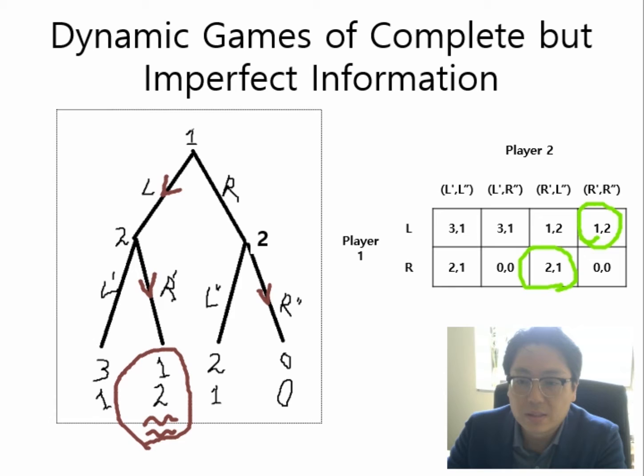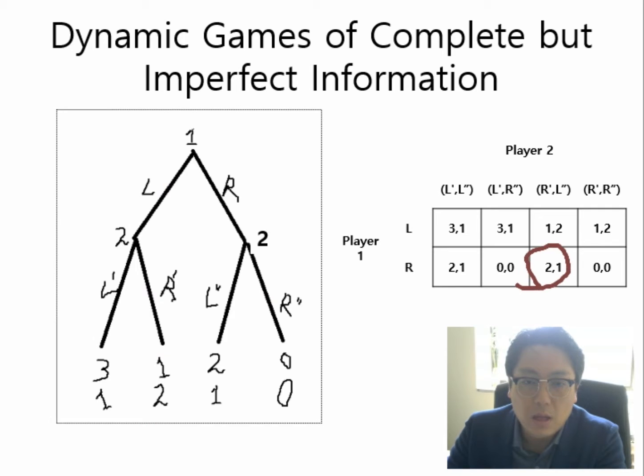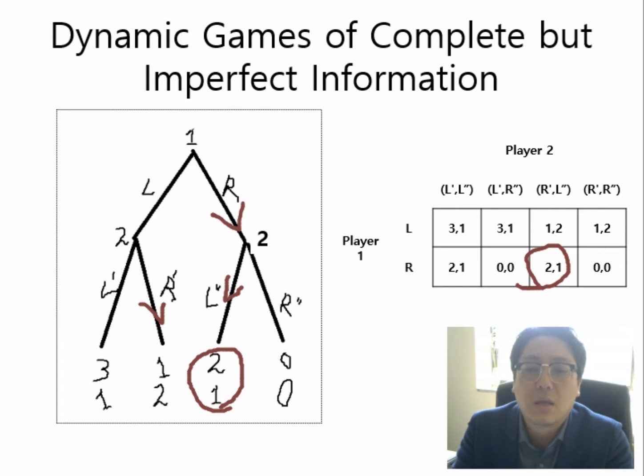Or regarding this one, the first player is playing R and the second player is playing L prime and L double prime. So they will get this as an outcome. That is another Nash equilibrium.